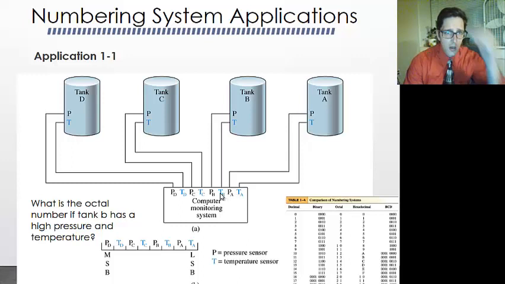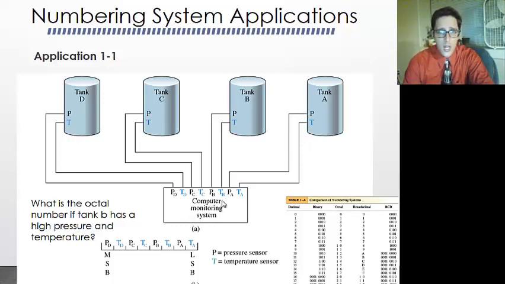Tank B has a high pressure and temperature. So we have a high pressure, which is PB, and temperature, which is TB. So right there, these two are 1. So we know if we look at bits of 3, that's 0, 0, 1.